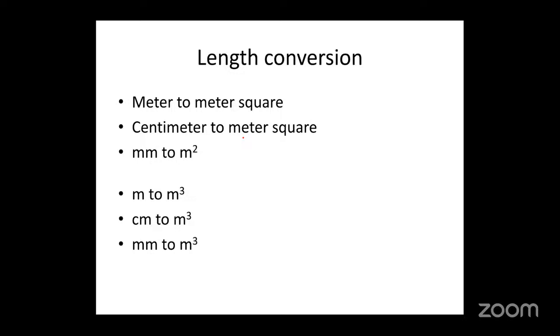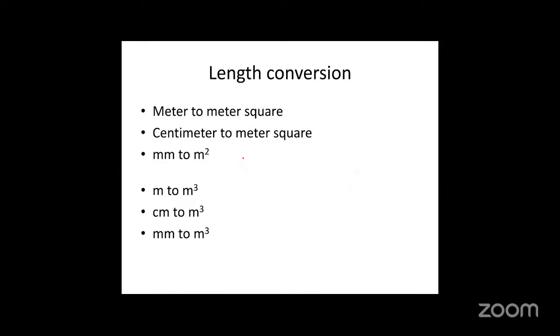So if you are given something like this, meter to meter square, of course, that one is easy: you multiply m times m and it gives you m square.